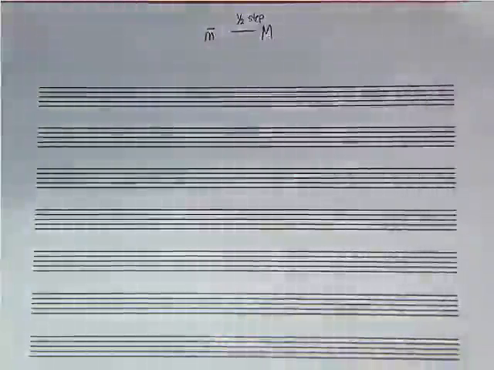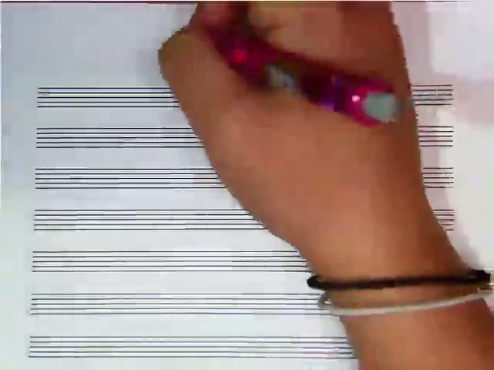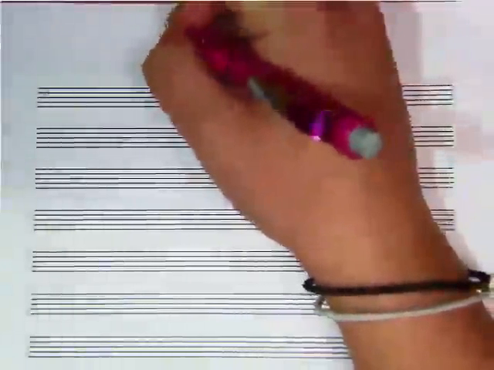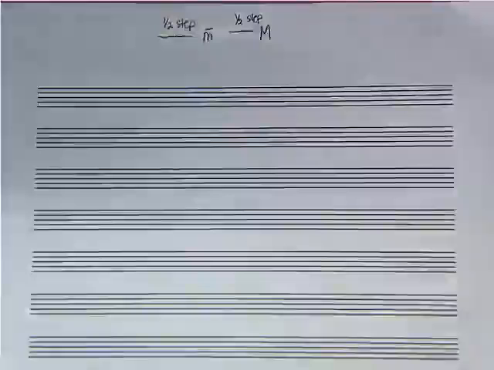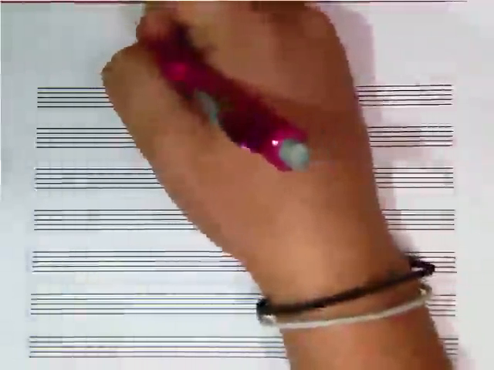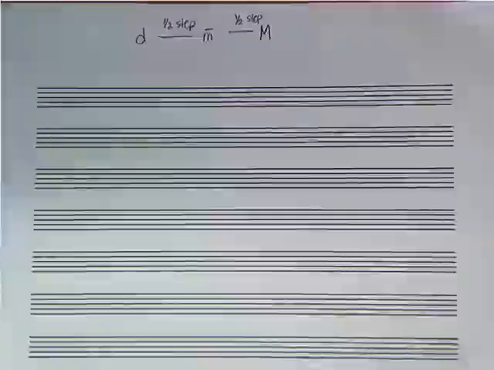But what happens if you make a minor interval a half step smaller still? Well, that's when you end up with a diminished interval. Now, there are two ways to label a diminished interval.